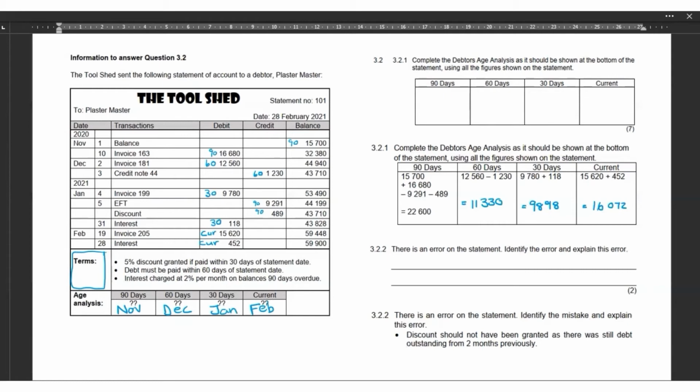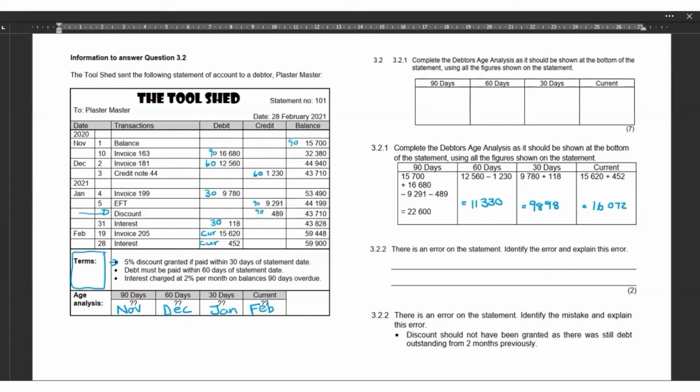The error comes in with this discount. The reason being, discount is granted if you are paid fully within 30 days of the statement date. So what happened here was, the bookkeeper said you paid within 30 days of receiving the January statement or the December statement, and therefore you could get a 5% discount on what you paid.